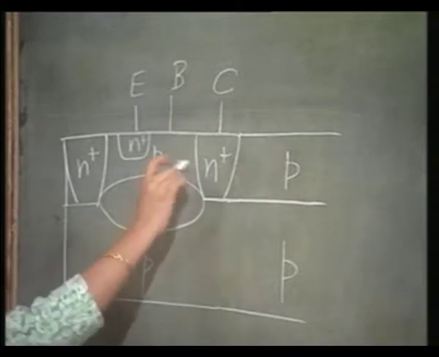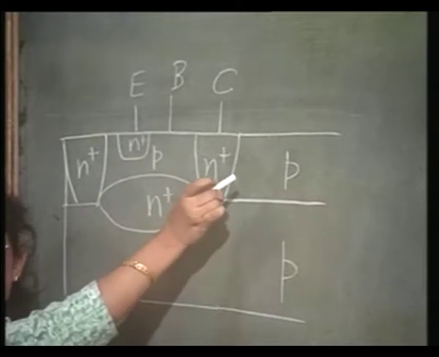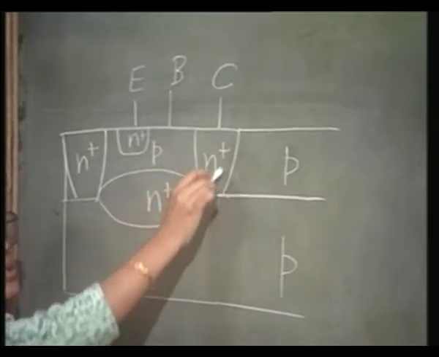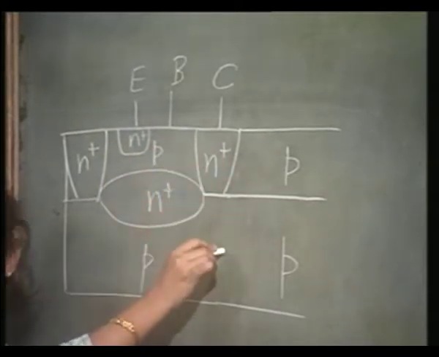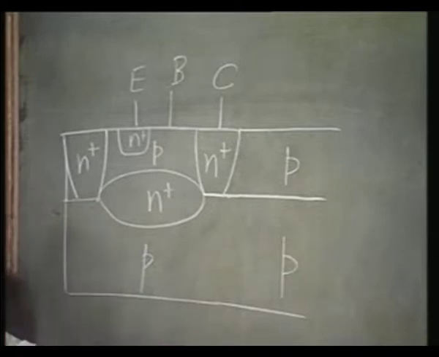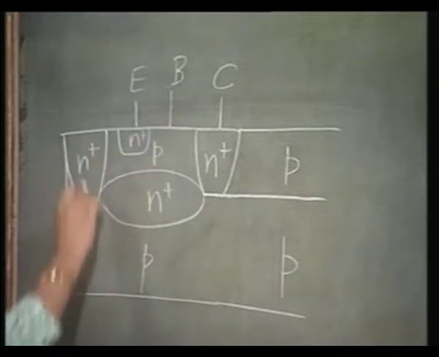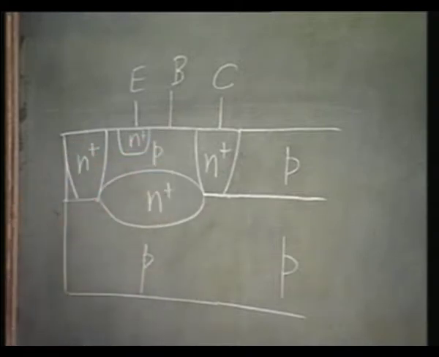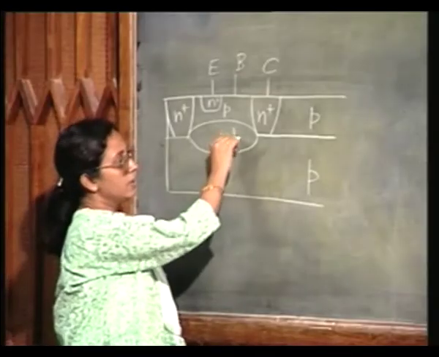The next transistor here is still isolated by the reverse biased NP junction. That is, each transistor is surrounded by n plus region.